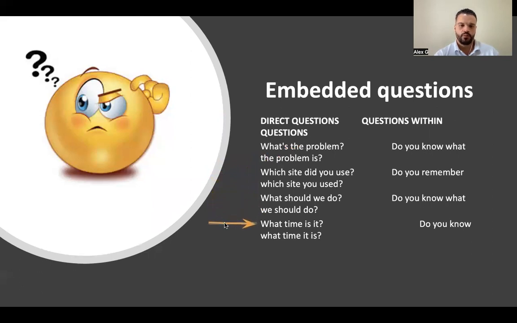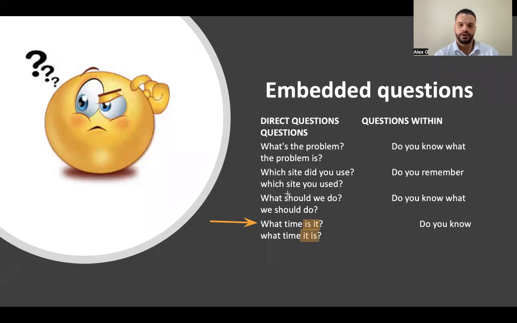And then finally, what time is it? Do you know what time it is? And again, you can see here that we're going to switch, okay? So you have what time is it? So the verb to be plus the object. And in this case, we have the object plus the verb, okay?